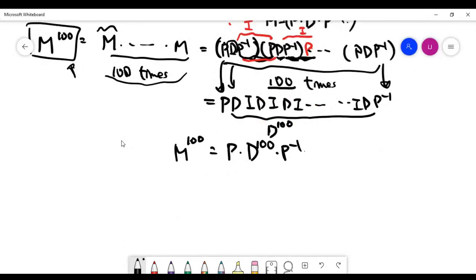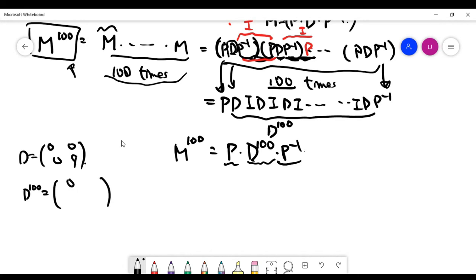We can skip all these tedious matrix multiplications 100 times because we now only have 3 matrices, and the middle matrix is so easy to find. If you recall, D is this matrix, and the diagonal matrix has the special property that when you take the matrix multiplication, you just multiply the diagonal entries in the same position together.